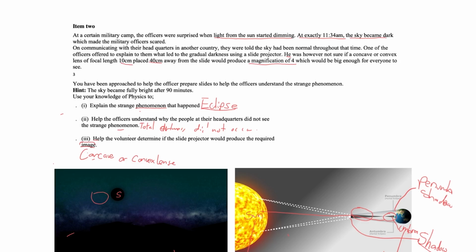So we want to determine which of these two lenses, the concave lens and the convex lens, is going to produce an image of an object which is magnified 4 times.